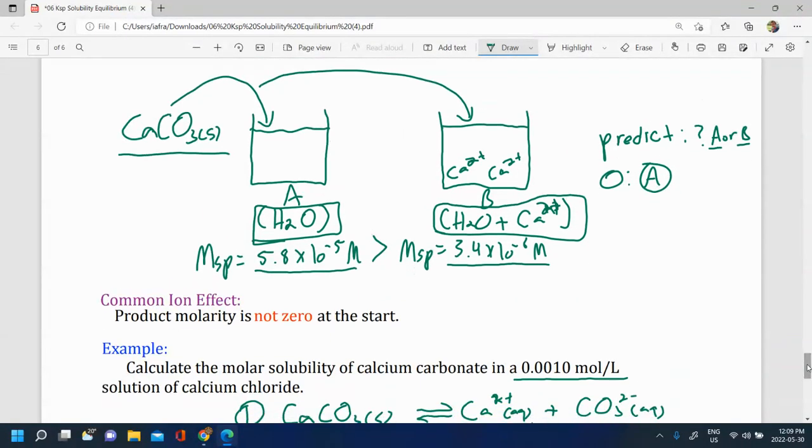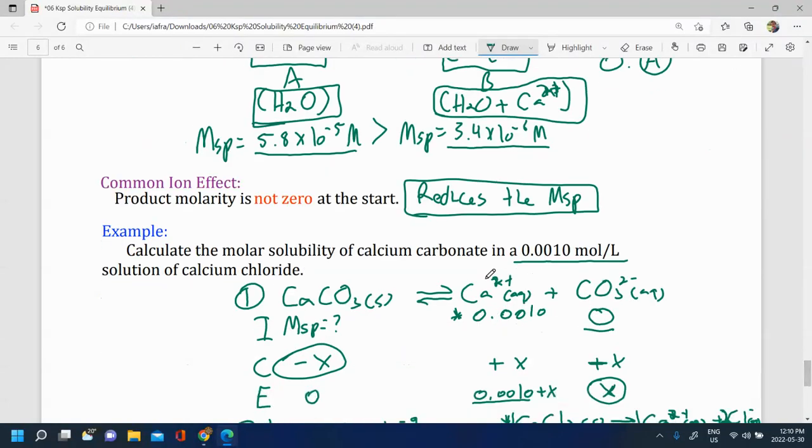And so when that happens, you actually reduce the solubility of the compound. You reduce the molar solubility, reduces the MSP. And if you think about it, it makes sense. You already have some of this ion in there. So you have less room for that ion to come in.